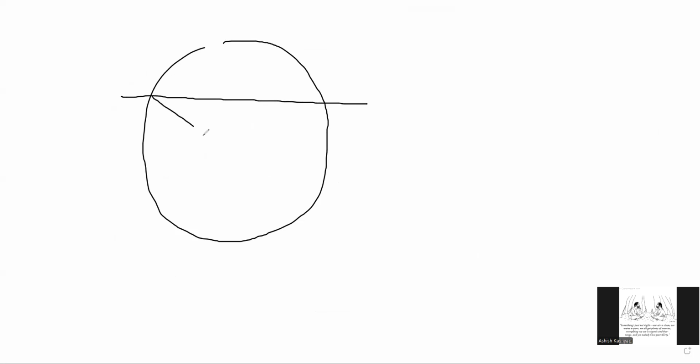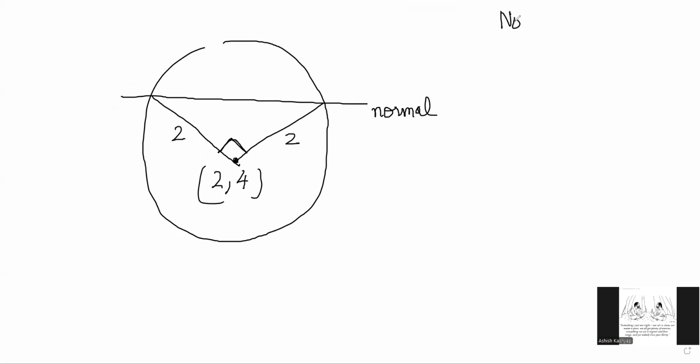That means the situation is somewhat like this. This is a chord and the chord subtends 90 degrees at the center, with the point (2, 4). This is 2, and this theta is pi by 2, right? And now we have to think about this line, the normal line. Remember that it was normal to the circle x square plus y square equals 4, right?